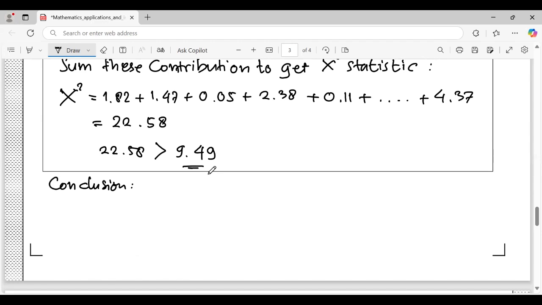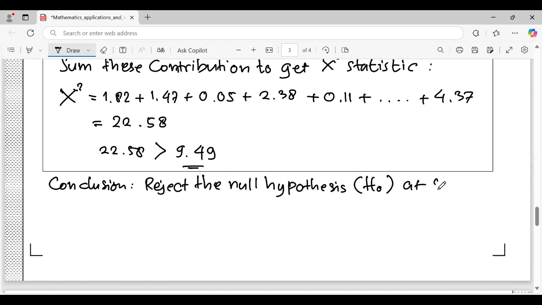So the conclusion: we are going to reject the null hypothesis at the 5% significance level.